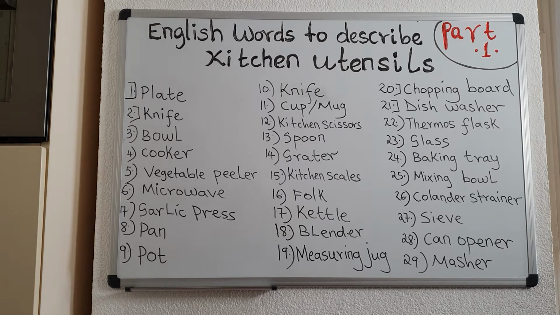The next word is garlic press. A garlic press is what we use to smash garlic into paste. So, you have peeled your garlic, and now you have a number of small garlic balls, and you want to smash them into paste.